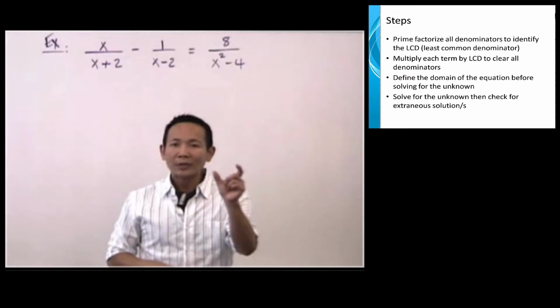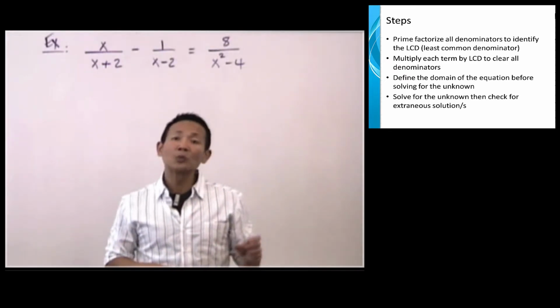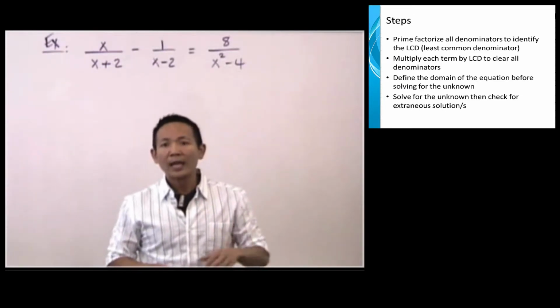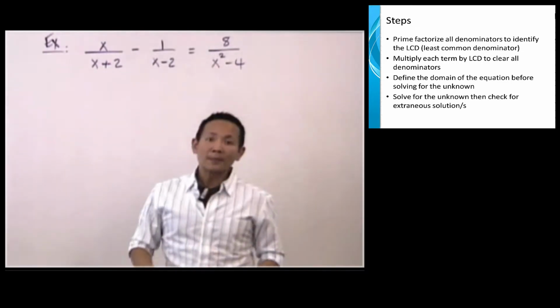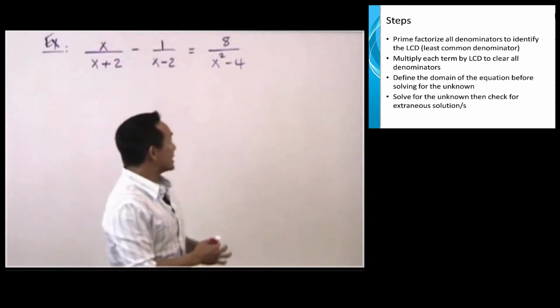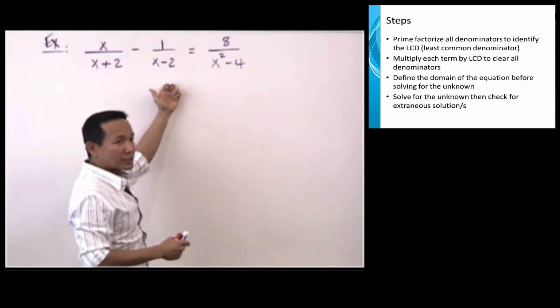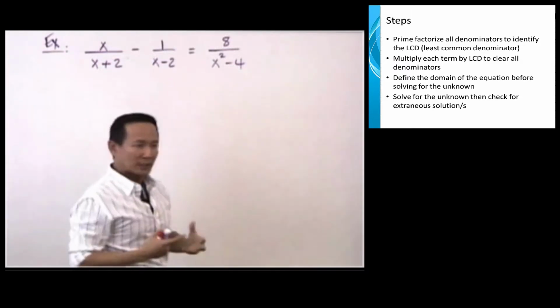After you get the solutions or a solution of the equation, you want to make sure that the solution does not make the denominator 0. If it doesn't, that is a good solution. If it makes one of these denominators 0, then we call it extraneous, so we exclude it from the set of solutions.